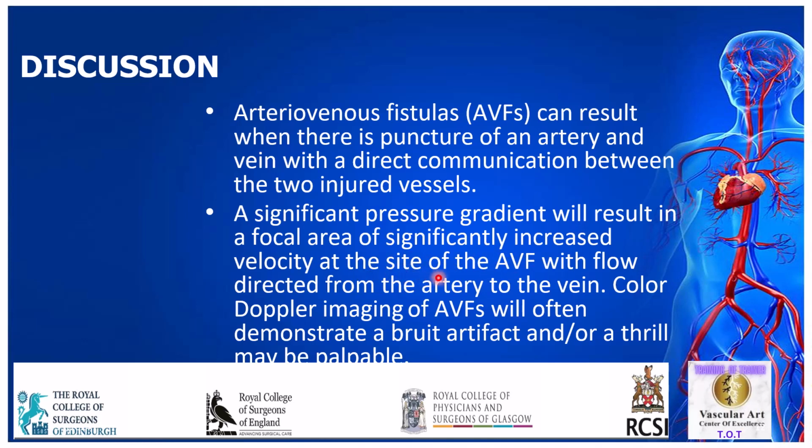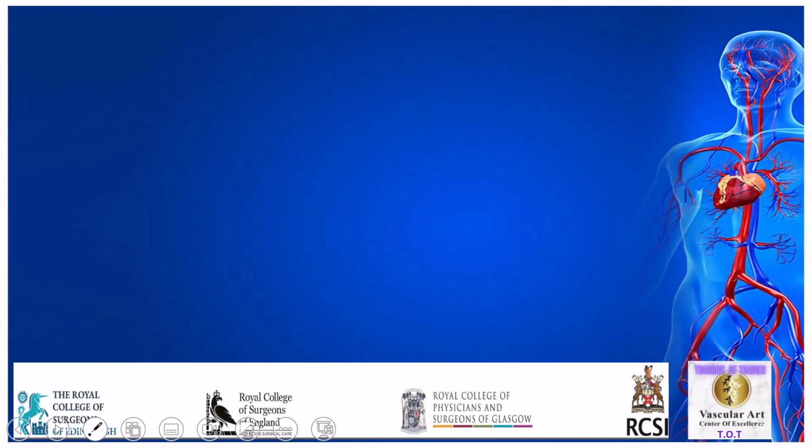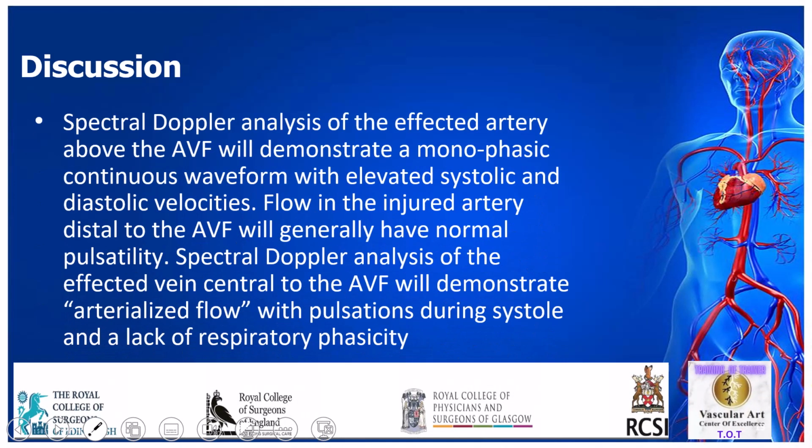So the blood will have increased velocity in the common femoral vein because the flow is going from the artery to the vein in a very rapid way. So you get the common femoral vein distended, while in the distal superficial femoral artery you get the spectral signal that we have seen, which is weak, with only a systolic phase and no diastolic filling. If you put your probe over the common femoral vein, you see arterial contamination of the venous signal. So these are important information.